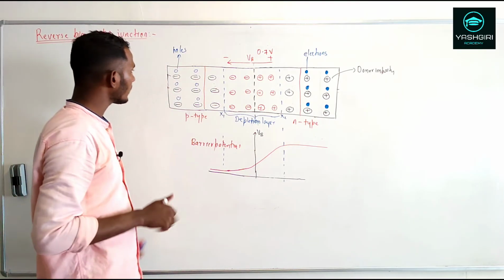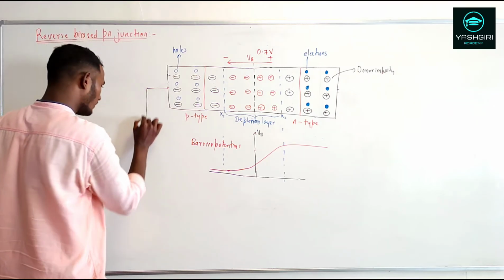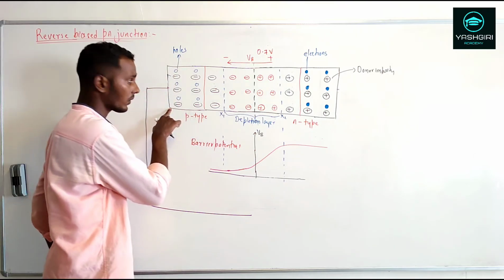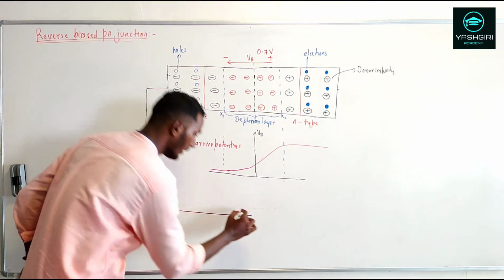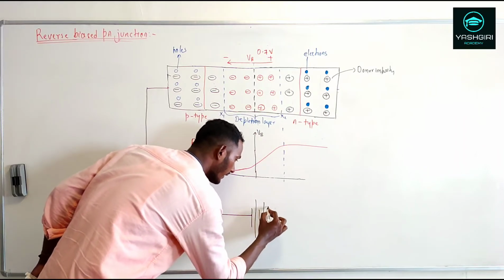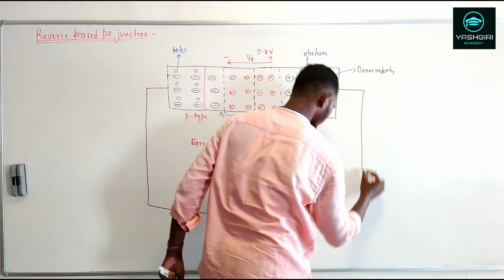To achieve that, I can connect the P side of this diode to the negative terminal of the battery, whereas the N side I can connect to the positive terminal of the battery.